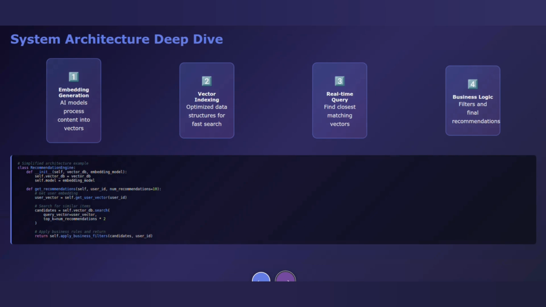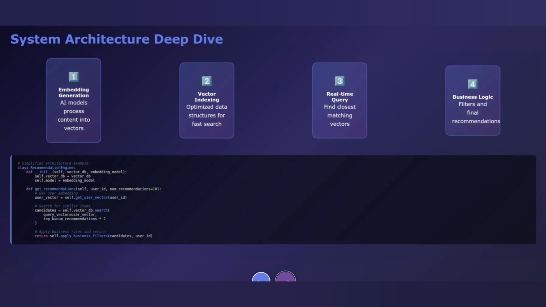Think of this as the brain that understands content at a semantic level. Second, these vectors are indexed in the vector database using optimized data structures. The database creates smart shortcuts and clusters that make searching incredibly fast, even with billions of vectors.